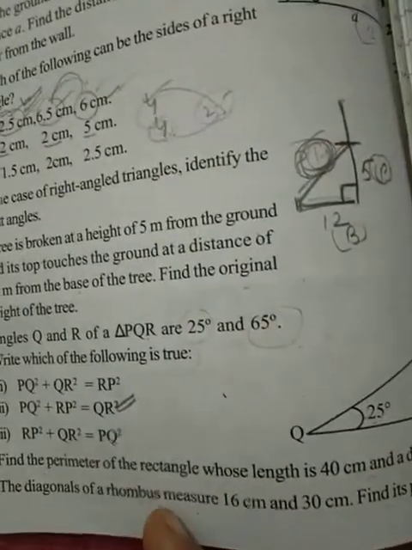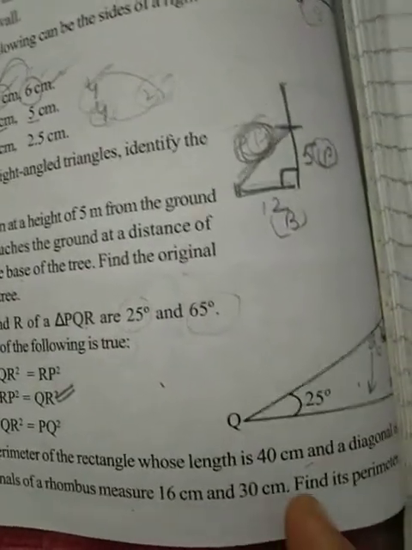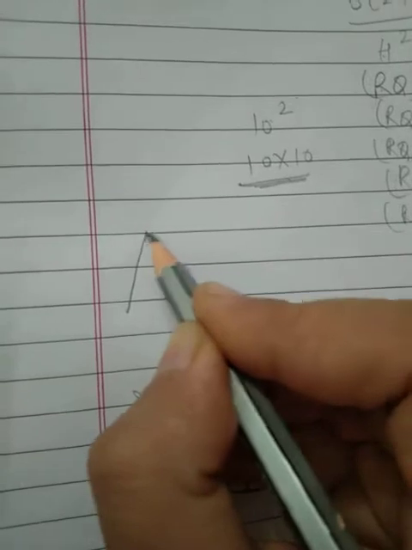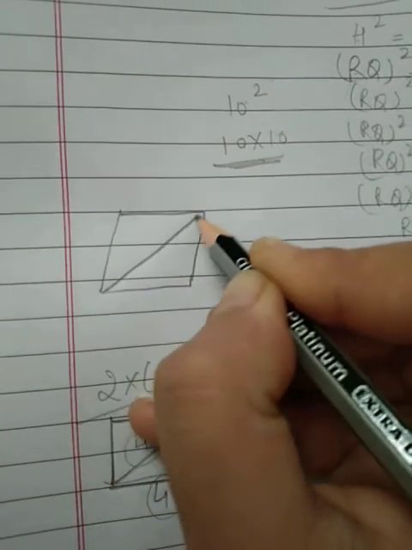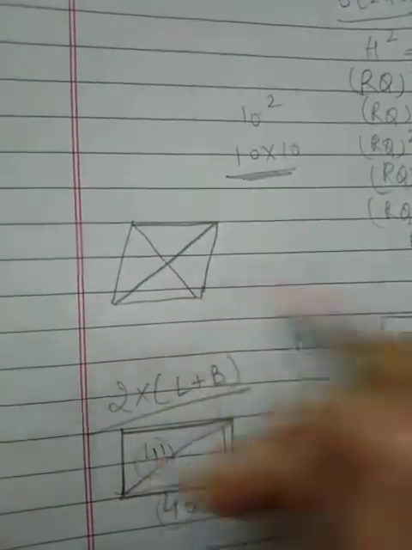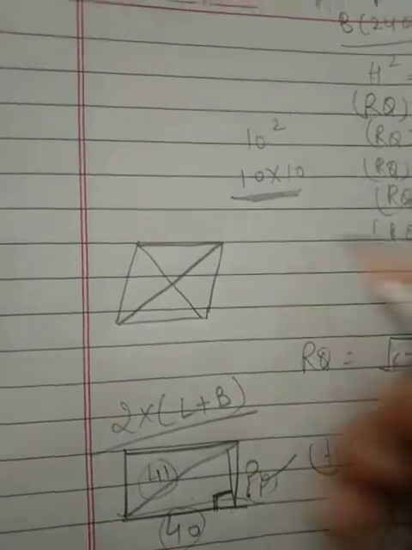Now see the next question. The diagonals of a rhombus measure 16 centimeter and 30 centimeter. Find its perimeter. Now diagonal, rhombus. A rhombus is a figure whose all sides are equal and its diagonals bisect each other at 90 degree. Bisect means cut in two halves.